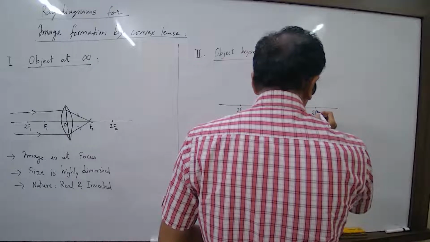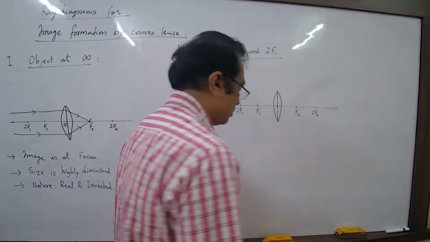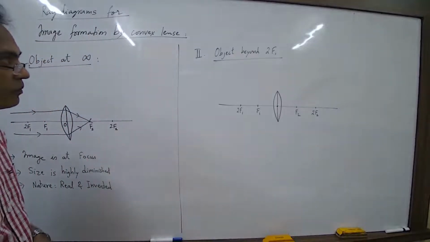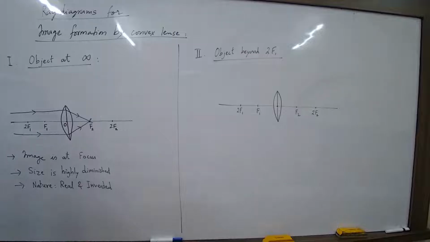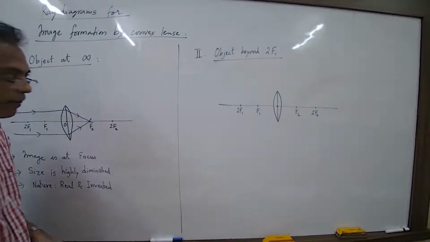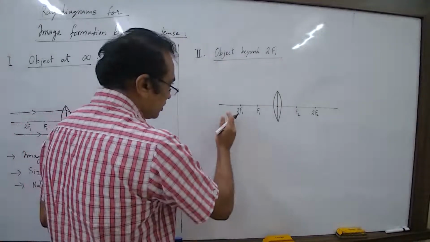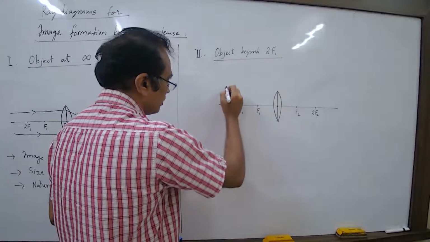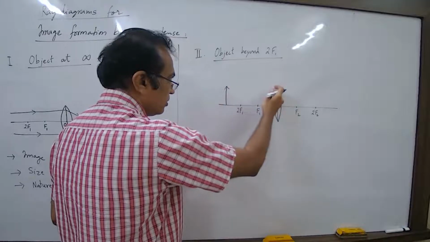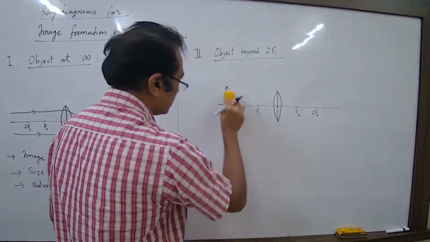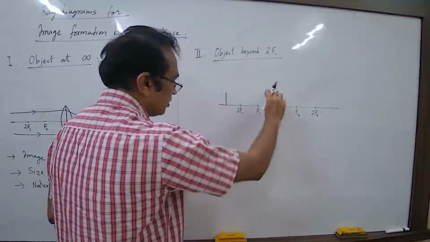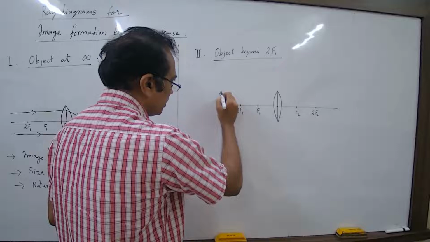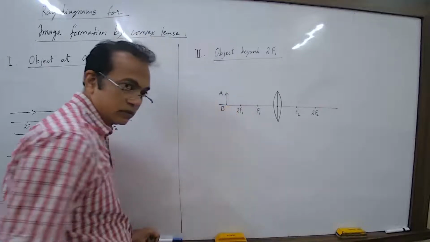Radius of curvature is always twice the focal length. Is everybody ready? First look here. So now the object is beyond 2F1. When I say beyond, it is beyond the lens. The object size you keep less than the lens. Let us call this AB. So this is our object.